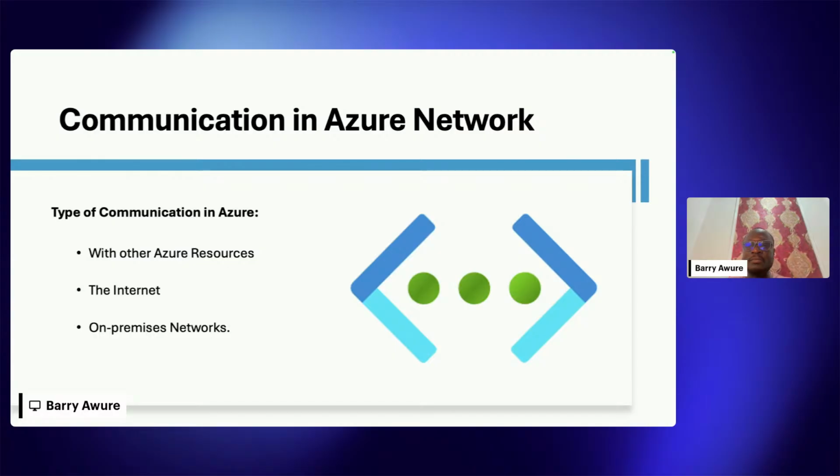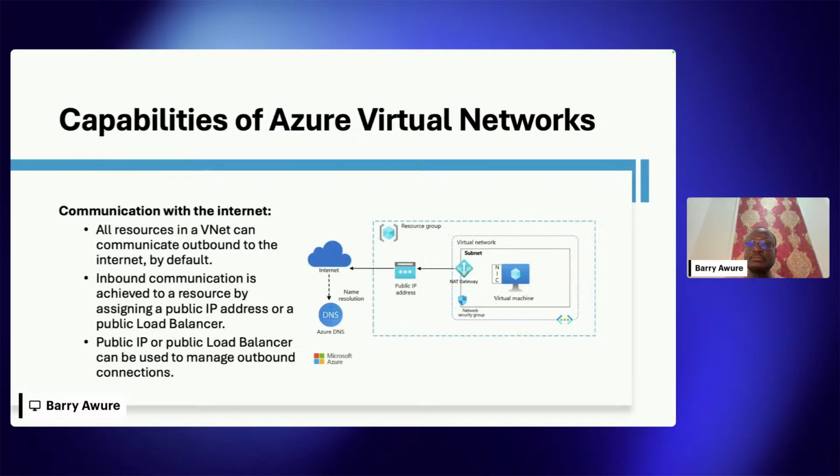And then lastly, when you have your resources on-prem, probably you have your head office on-prem, you have some infrastructure on-prem, and yet you have some also in the cloud, and then you want to establish connectivity between these two. And these are the various forms of communications that we'll be looking at in Azure.